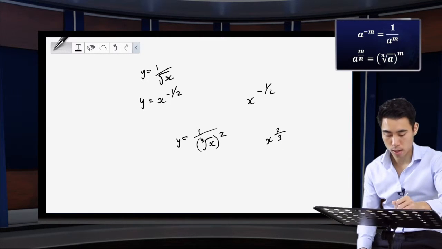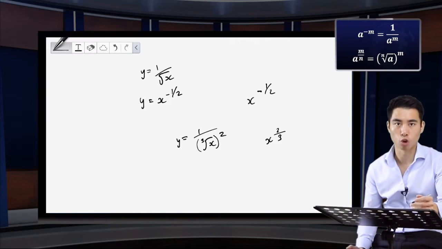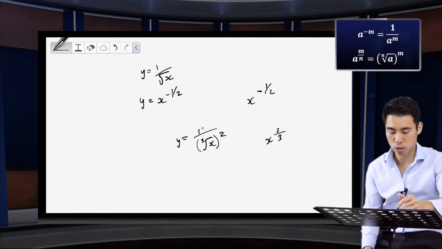So that 3 is the order of the root that you're looking at. And then the number outside the brackets there is the numerator of the fraction. So just applying your basic index laws. Obviously, I do have an entire video looking at this. But because you have 1 over there, you have a minus.